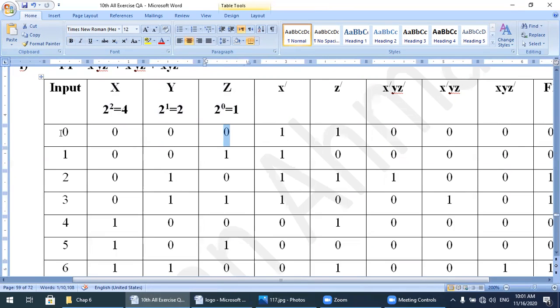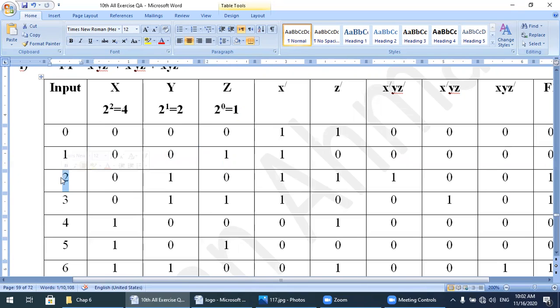So we must equalize the input with the weight. When the input is 1, what happened? 0, 0, 1. Watch here. Why did I put this one over here? Because 1 is equal to 1. This input is 1 and over here the weight is equal to 1. So the weight is equal to the input. That's why I place the 1 over here. The rest of the bits will be 0.